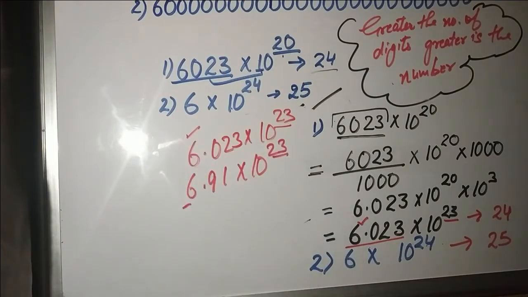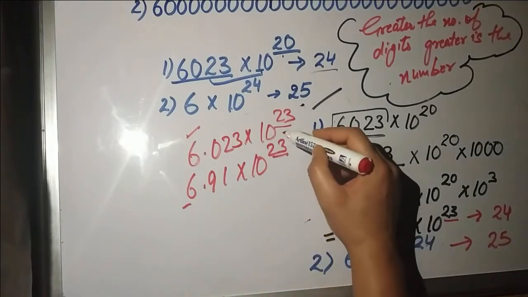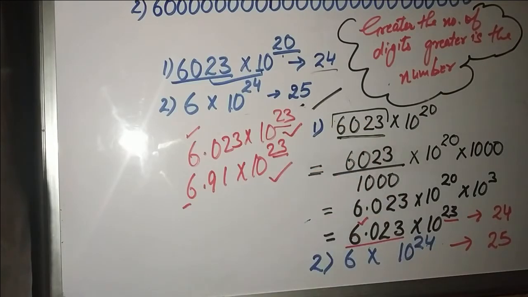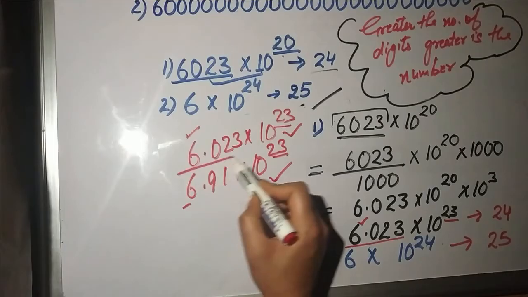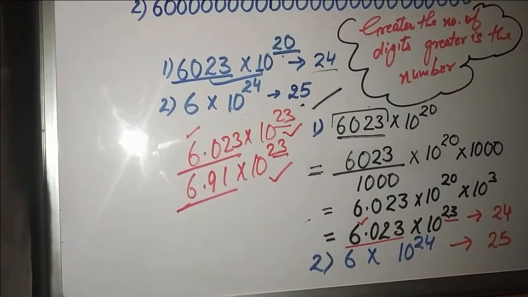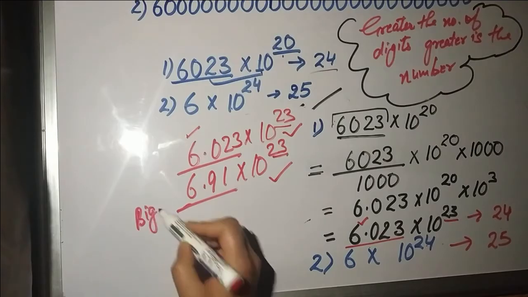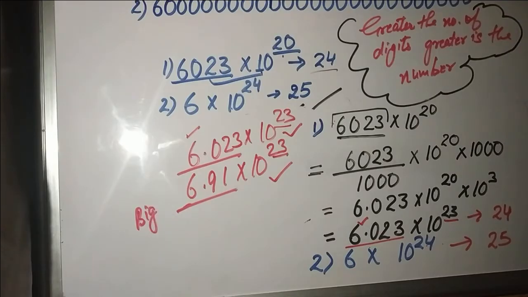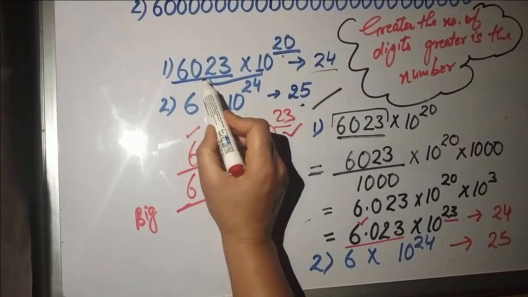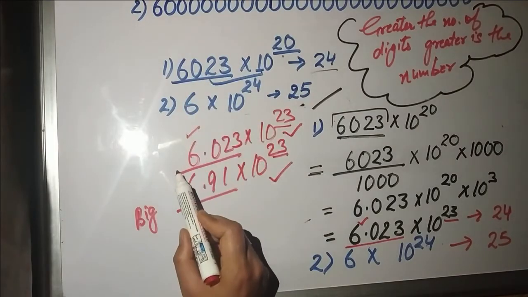Both are 24-digit numbers. So the number of digits is the same. How can we compare? By looking at this. Which one is greater? This one is greater. That means this is bigger. So basically, to compare large numbers, we first change them into an exponential form. There are two possible exponential forms. One is this, one is this.